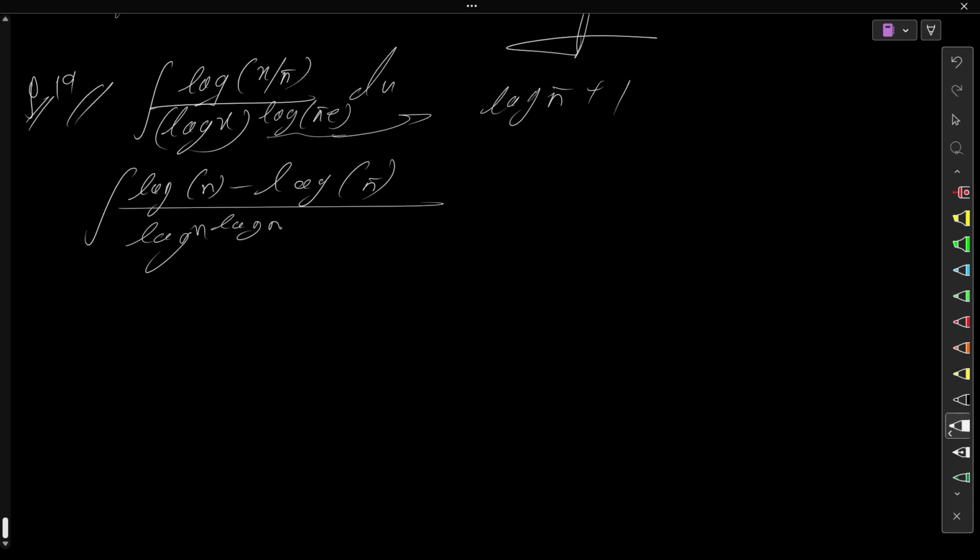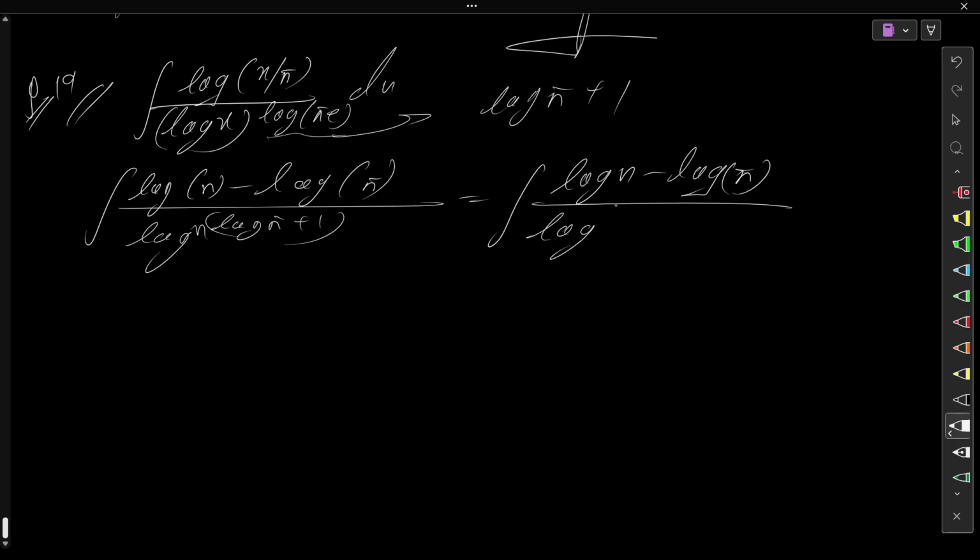So log pi plus 1. So this could be written as log x minus log pi divided by log x whole to the power log pi.